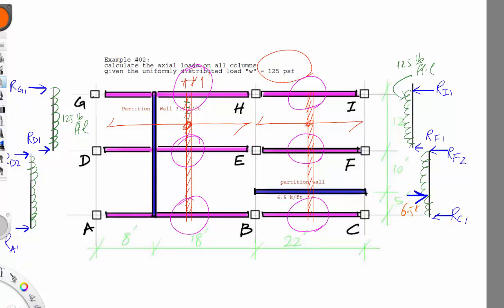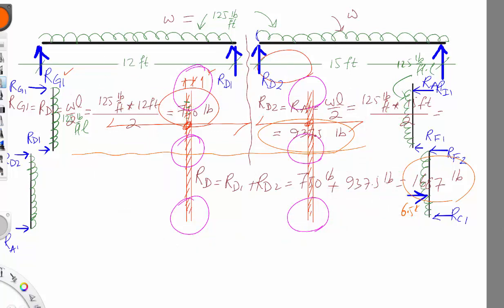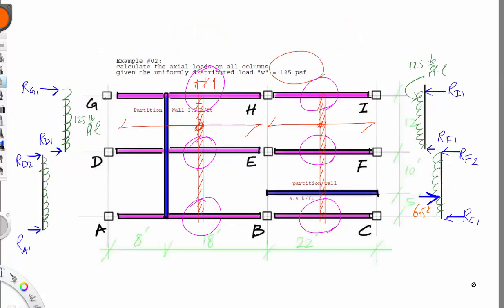So if you go to calculation 1, now we'll update the results on these beams. So this will be, we have this 750 pounds, and the intermediate, this will be 1687 pounds, and this is 937 pounds.